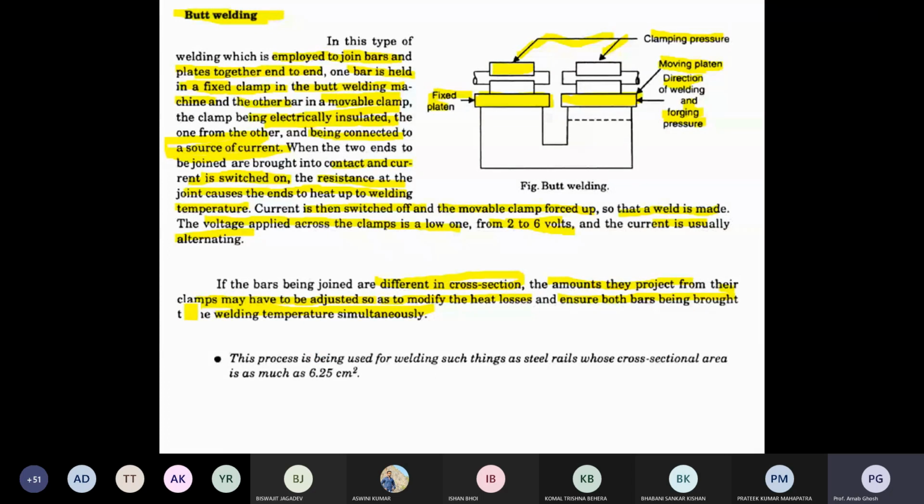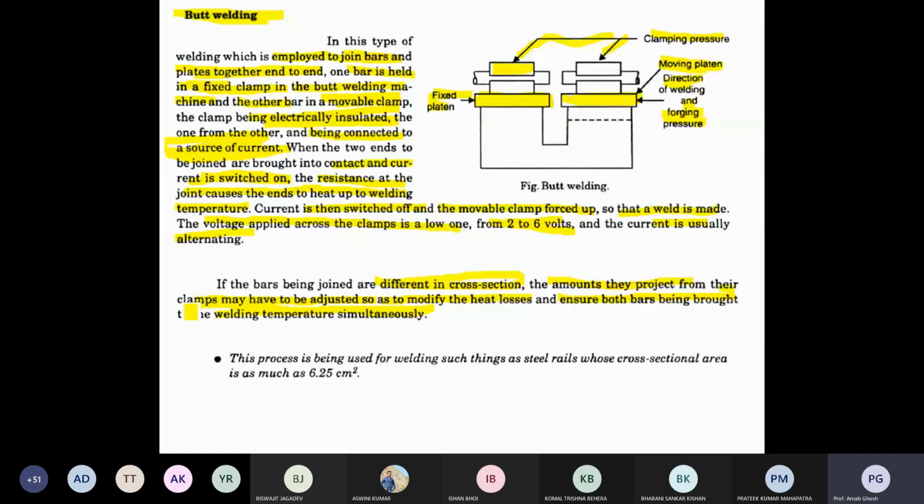Basically you can stretch some of the portion and it will be connected. Second, once it has reached the temperature and melted, you have to switch off the connection. If you switch it off, it will definitely be joined, even with different cross-sectional areas.